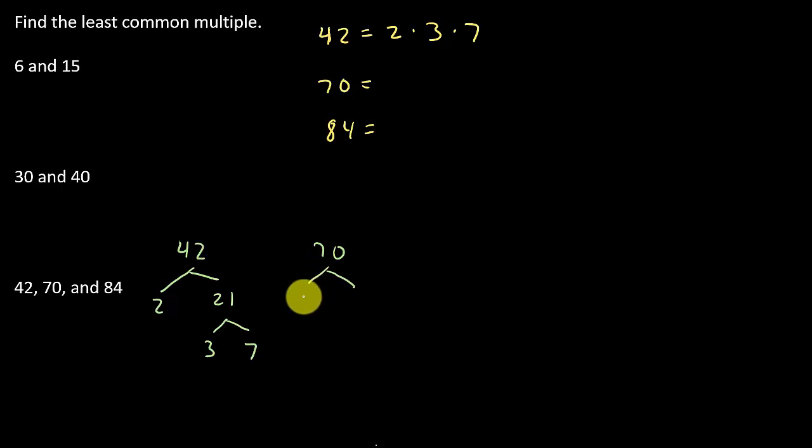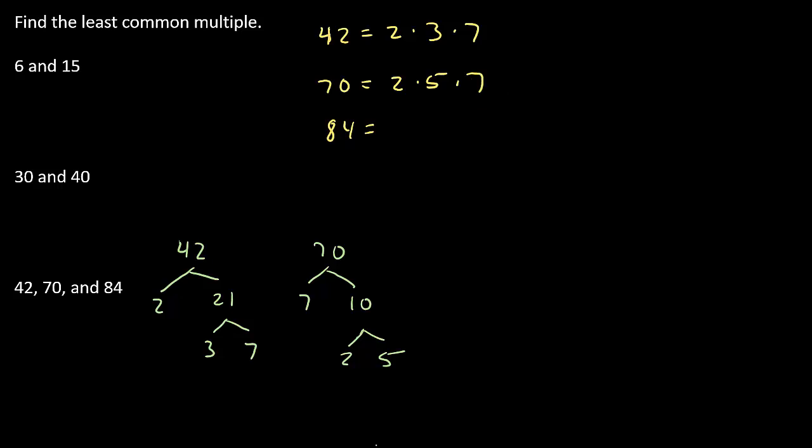Like, for instance, this is what? 7 times 10. We know that. That's easy. Well, 7's a prime number, but 10's not. So let's break that down. So that's 2 times 5. And so for 70, that would be 2 times 5 times 7. So see, you can do it like that also.